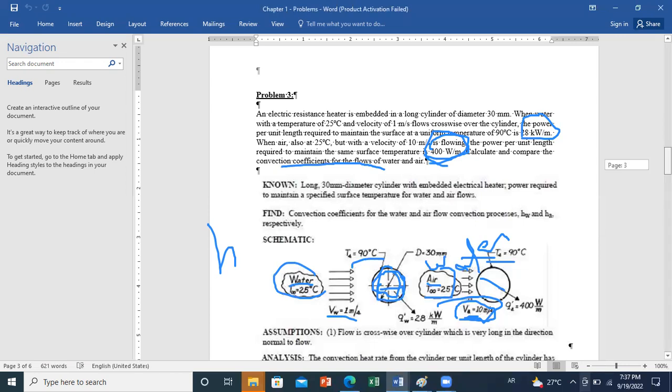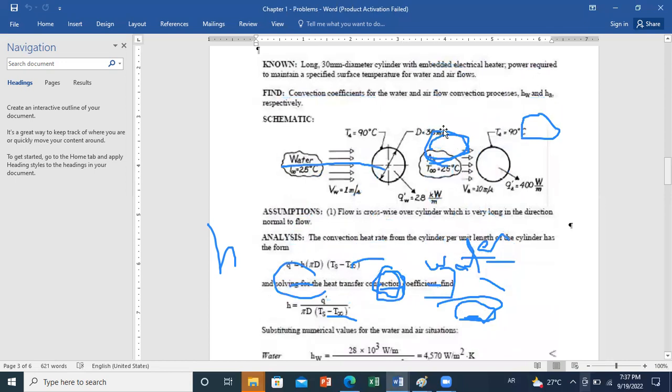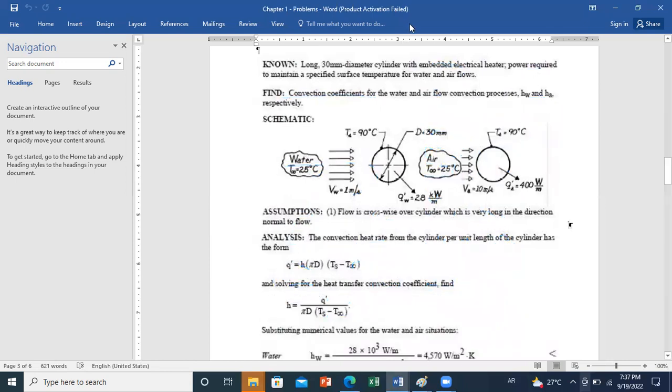Now, how to do the calculation? All we have to say is that if we want to maintain a constant temperature at this level, we need to provide heat, because as water goes over the cylinder, you will have loss of heat from the cylinder through water.